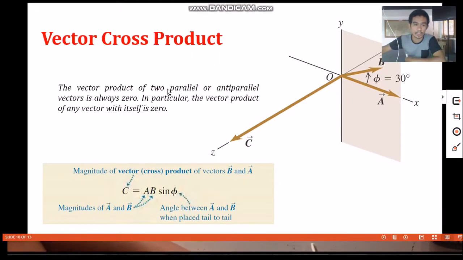So the vector product of two parallel or anti-parallel vectors is always 0. In particular, the vector product of any vector with itself is 0.